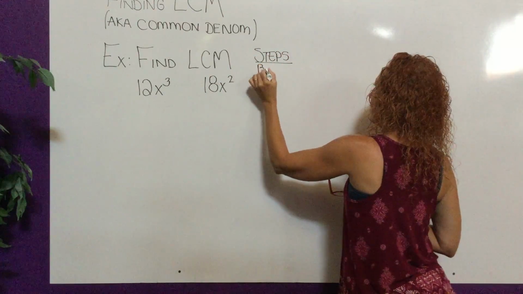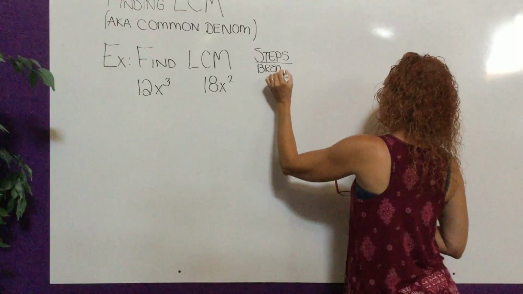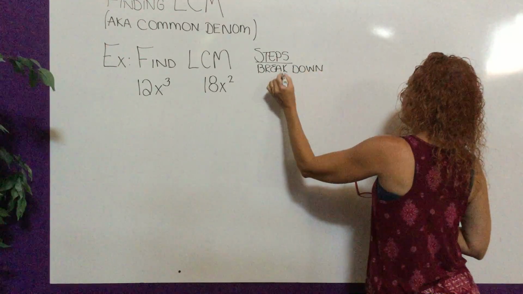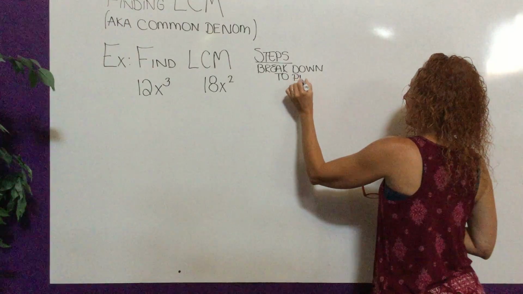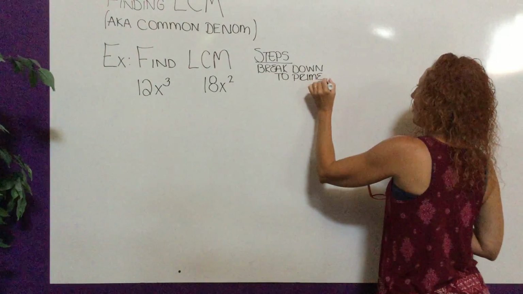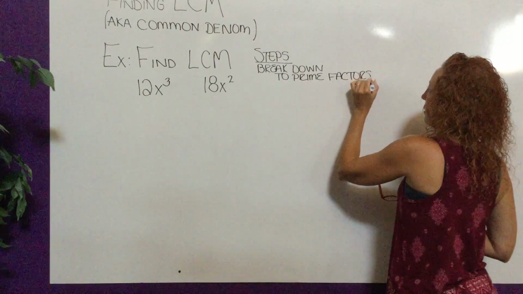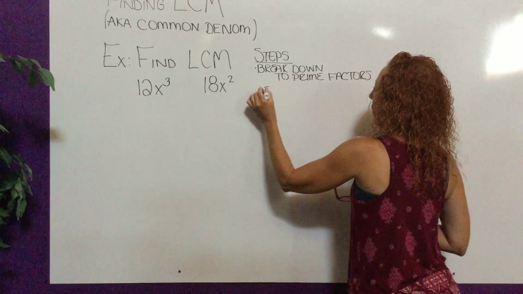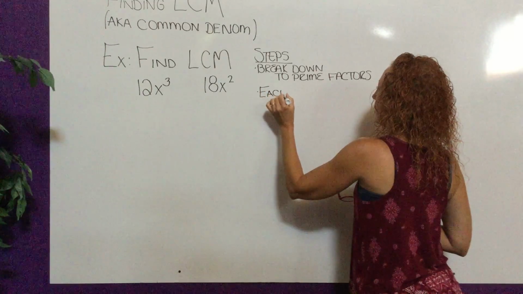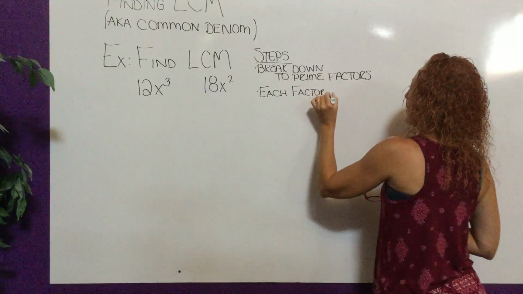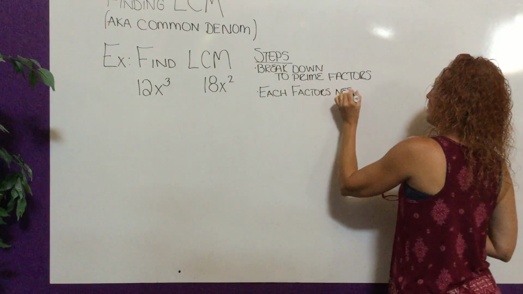is break it down into factors. And we call the least, like as far down as you can break it, prime factors. So break it down into prime factors. All right, and each factor needs to be in the LCM.